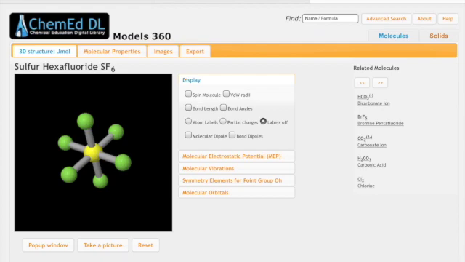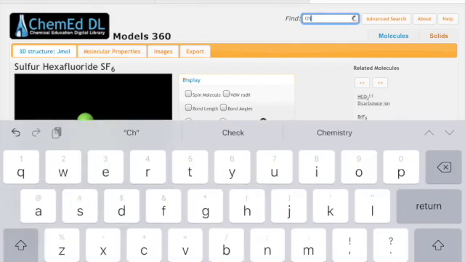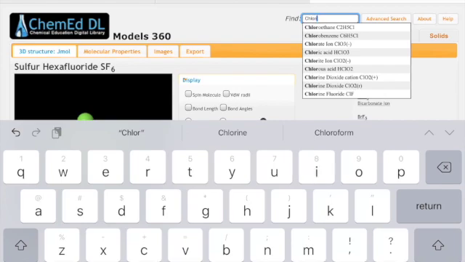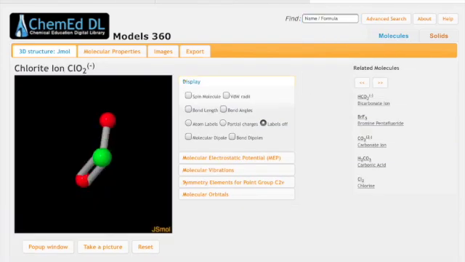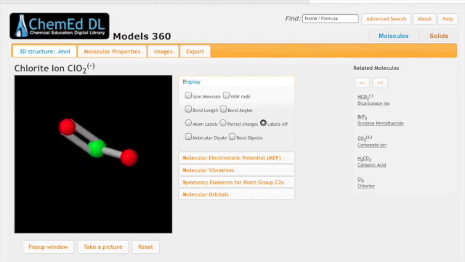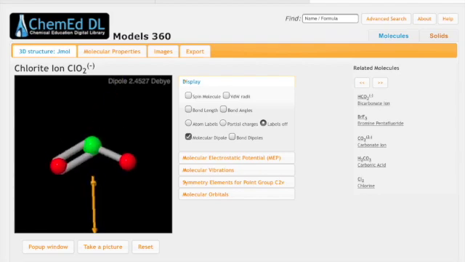Everything cancels itself out. And then the last one, the ion. We can see the molecular dipole is towards the oxygens.